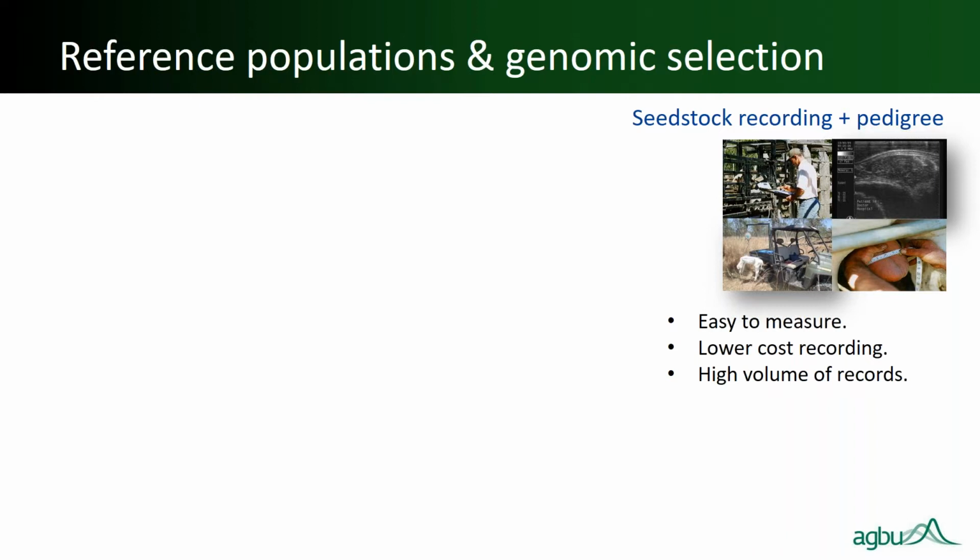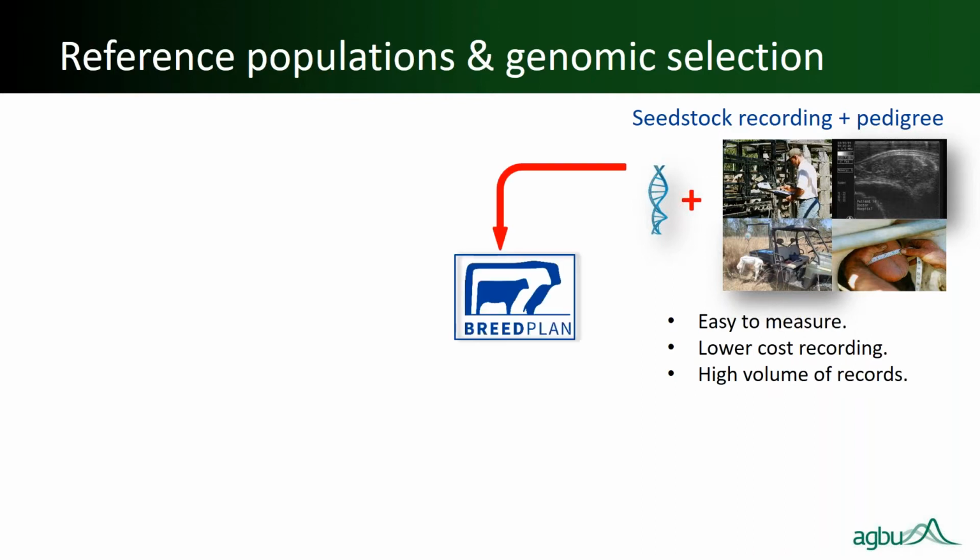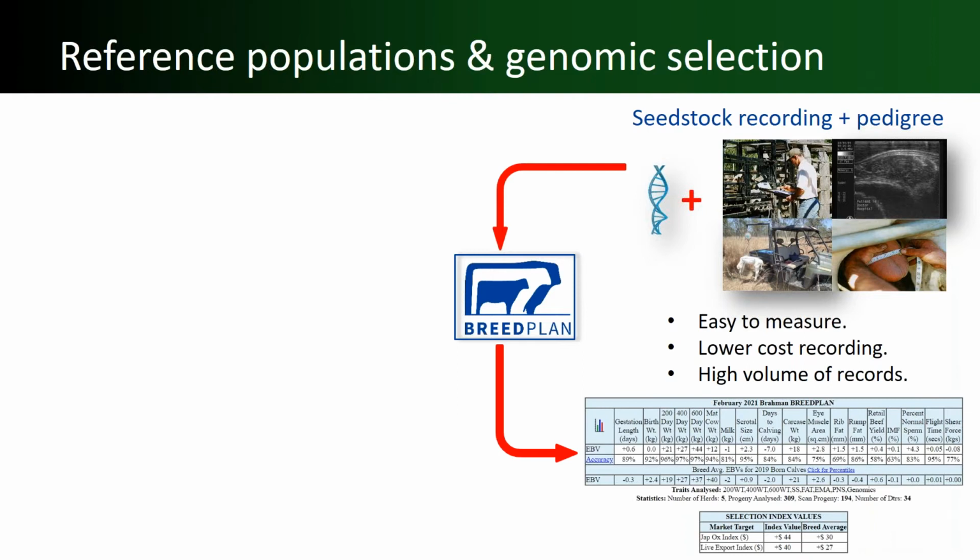Compared to what we're doing in the reference, these are traits that are relatively easy to measure. They're relatively low cost, and as a consequence, we get relatively high volumes of data coming in. In recent years, that data has included genomic information, and that's been steadily increasing as the years go by. Both of those sources of information go into our BreedPlan evaluation to generate the EBVs that people make selection decisions on.